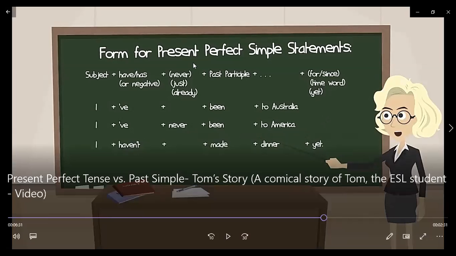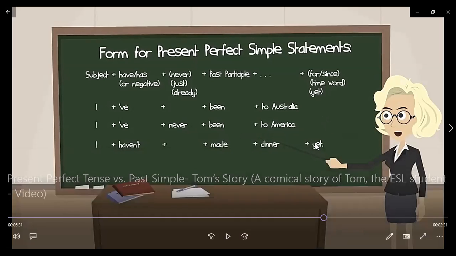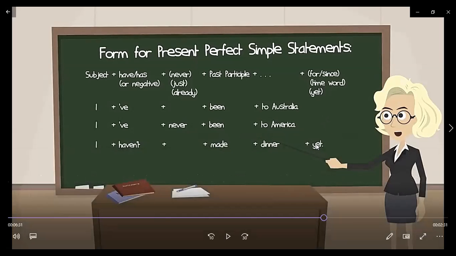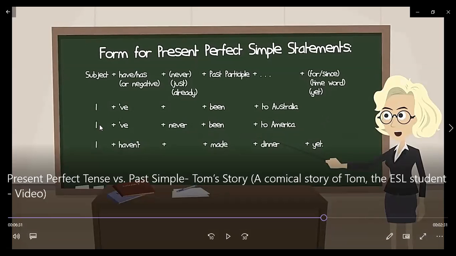So if you see here, we use haven't because it's negative, and yet because most of the time we can use yet at the end of the sentence when it is negative. And here, if we use never, in this sentence, we don't say haven't. It's impossible. We have to say, I have never been.